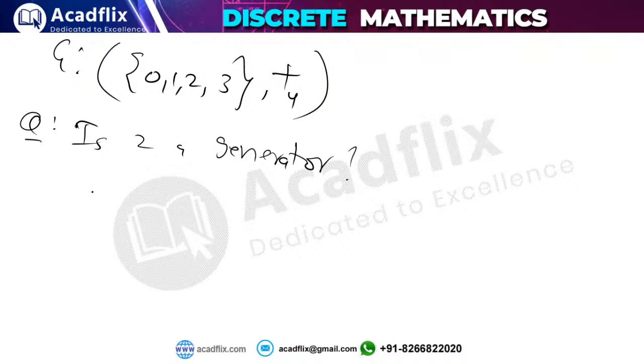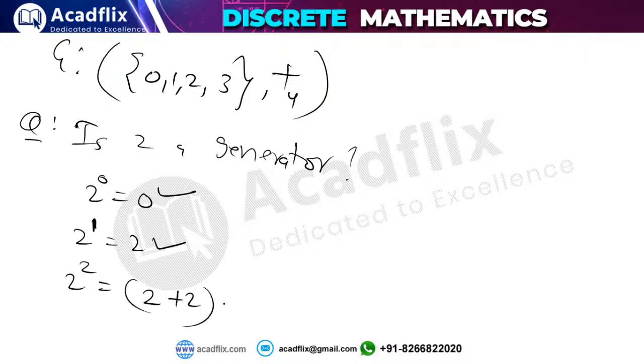Let's see. 2 power 0 will be 0. Yes, 0 is generated. 2 power 1 will be 2, so 2 is generated. What will be 2 power 2? That will be nothing but 2 plus 2 mod 4, so this will be 0.